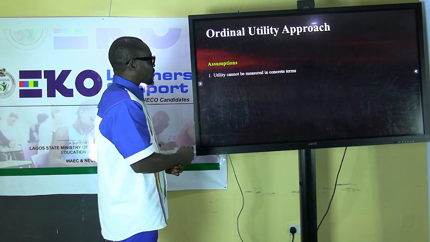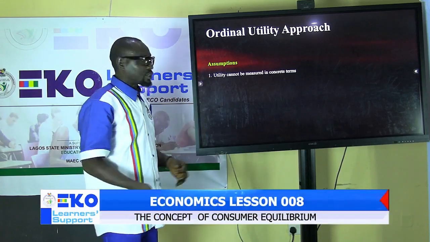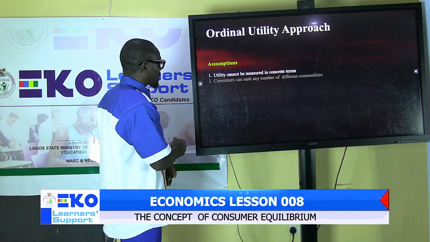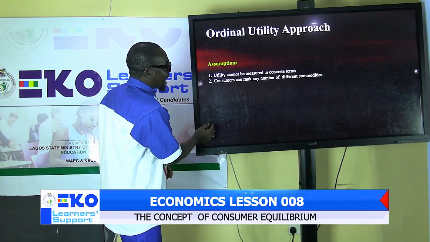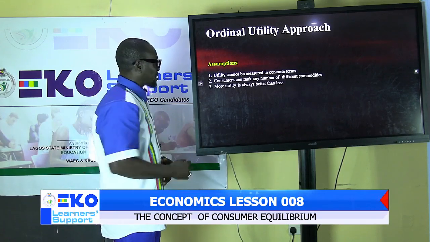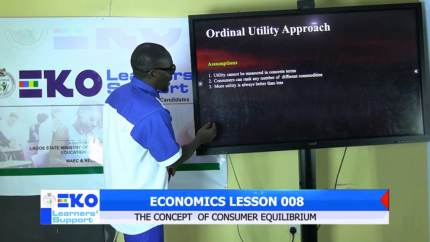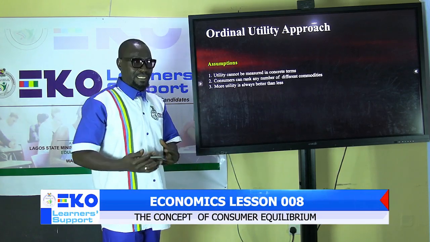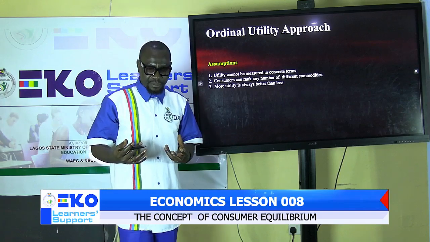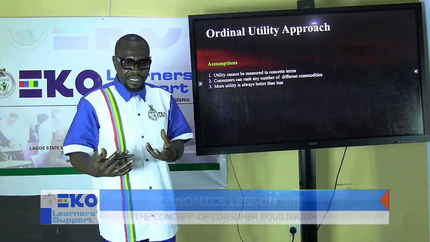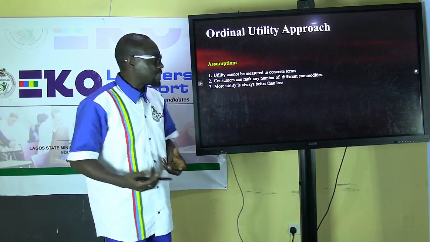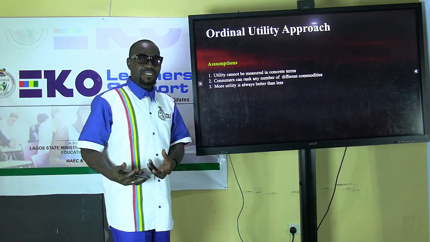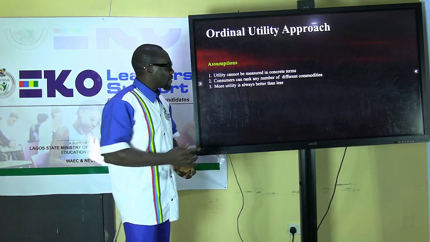So, the first assumption is that, of course, utility cannot be measured in concrete terms. Consumers can only rank their commodities in order of preference. More utility is always better than less. It's the assumption that you want to get more utility than less utility. Okay, you want to get more satisfaction than less satisfaction, right?